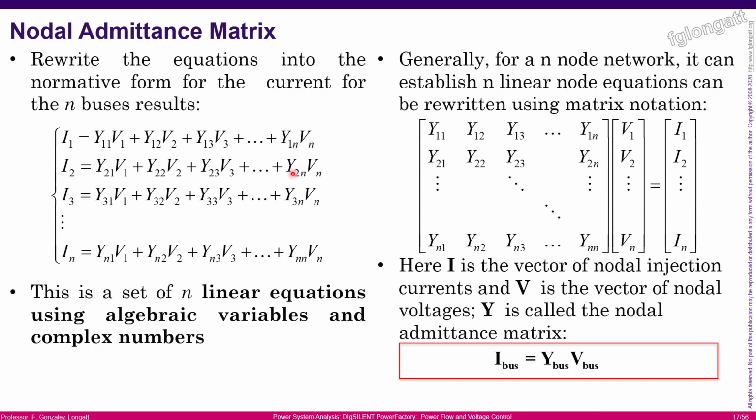Now we can use very basic mathematics and move from n linear equations to matrices, and voila, we have an n by n square matrix, which is called the bus admittance matrix, and here is a vector that represents the voltages at each bus bar, and this is the vector of currents going into each bus bar.